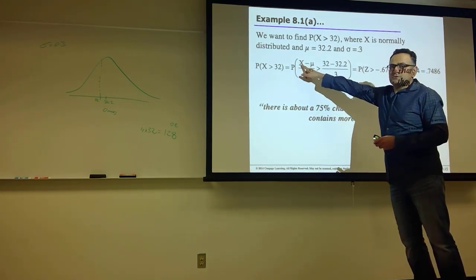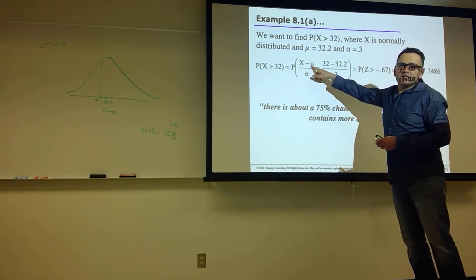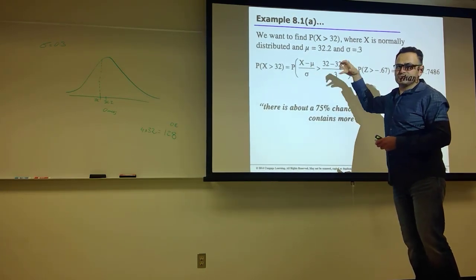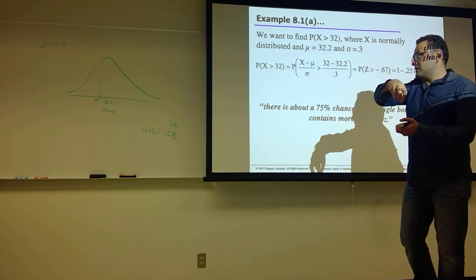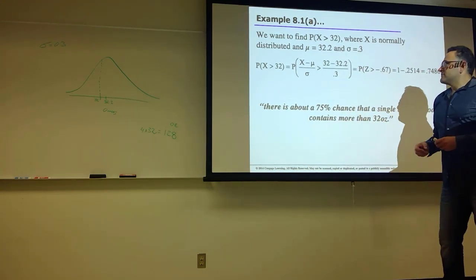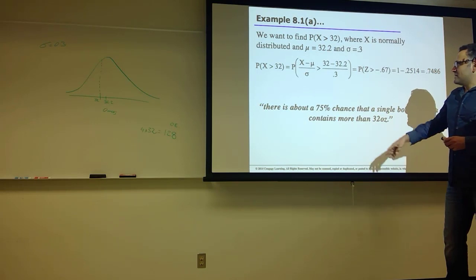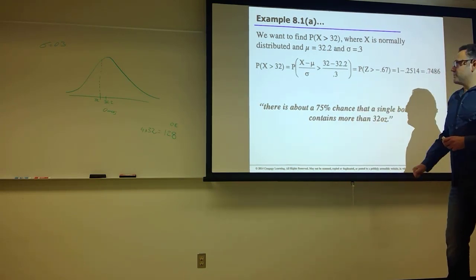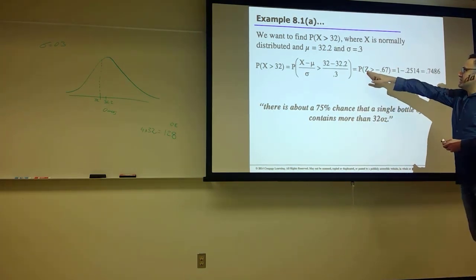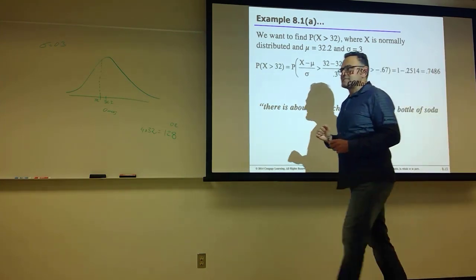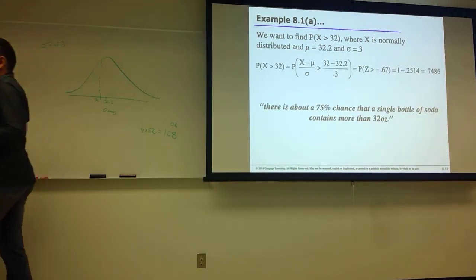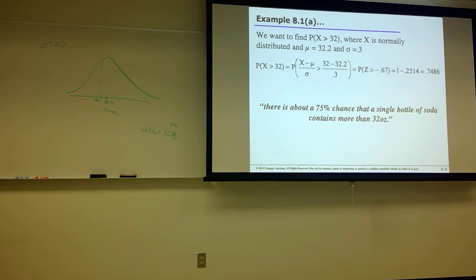Now, the x that we were looking for was 32 ounces. We know the mean of the population is 32.2. So the machine that is filling up the bottles fills it with an average of 32.2 ounces. Standard deviation is 0.3. We plug in the numbers. We get a z-score of minus 0.67.